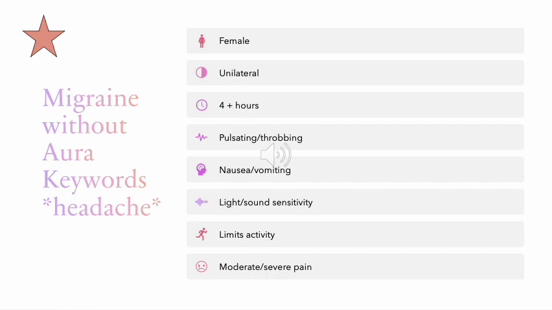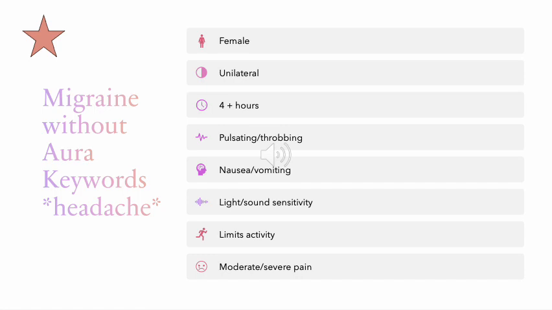Now we're going to talk about migraine. Migraine by far is the most common of all of the headache disorders. Migraine can definitely happen in both men and women, but for testing purposes, they're almost always going to give you a female. And the pain is pretty much going to be on one side.